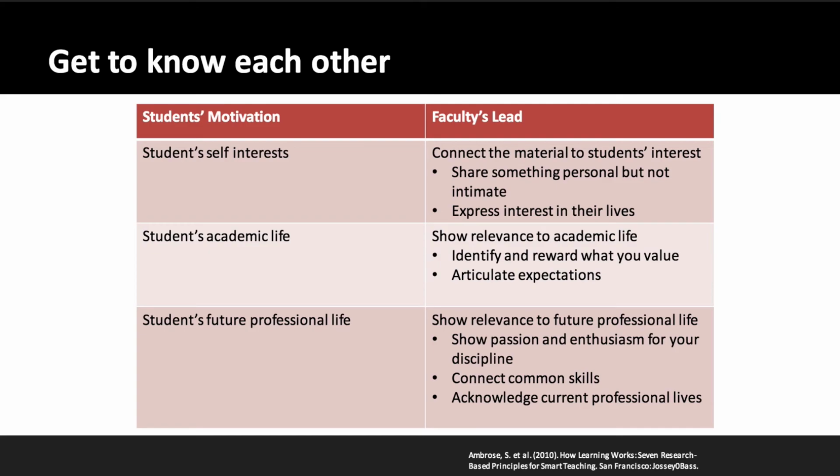Maybe that value is articulated in your expectations, but make sure you let them know what they are and then applaud them when they meet those expectations. In some ways, what's the easiest reward? A grade. Let them know that it's being reflected in their grade because they met your expectation or maybe exceeded it.